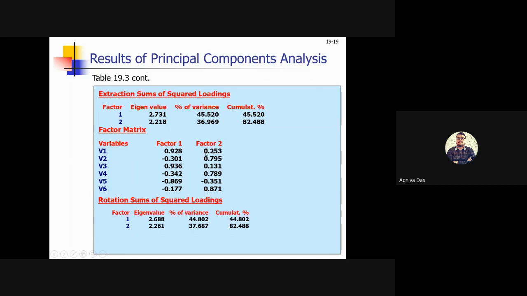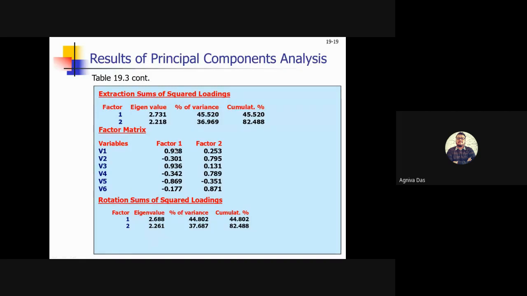So if I were to take some of this variability from this 0.253 and inject this in factor 1, in that case, the loading of variable 1 in factor 1 would increase, and the loading of variable 1 in factor 2 would decrease, which means even a clearer demarcation that V1 should be in factor 1.